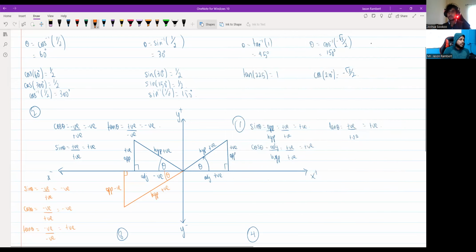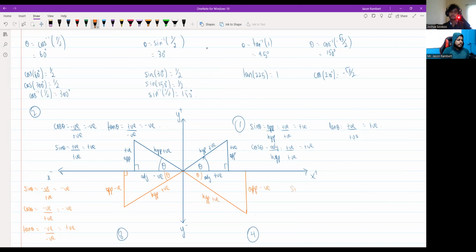And finally, in the last quadrant, like I said, I'll draw the triangle a little bit bigger to avoid confusion. I will just complete it freehand. This is theta, adjacent remains the same. This is my opposite, which will be a negative, and my hypotenuse, which is going to be a positive value.